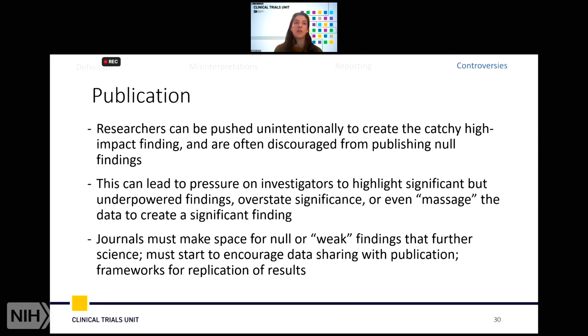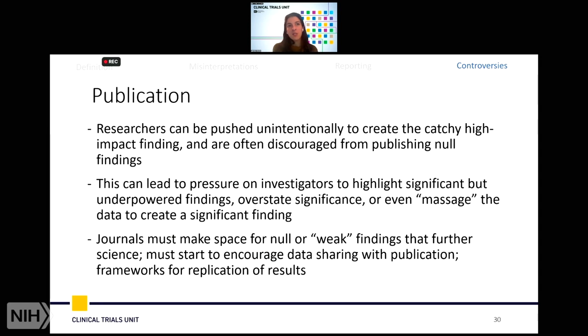And actually, that's a good lead-in to the next section. It's one thing to understand what these things are and to want to write your paper in a good way, and to also want your paper to be published. Especially because null findings or weak findings, perhaps in the p-value sense, are often difficult to publish.